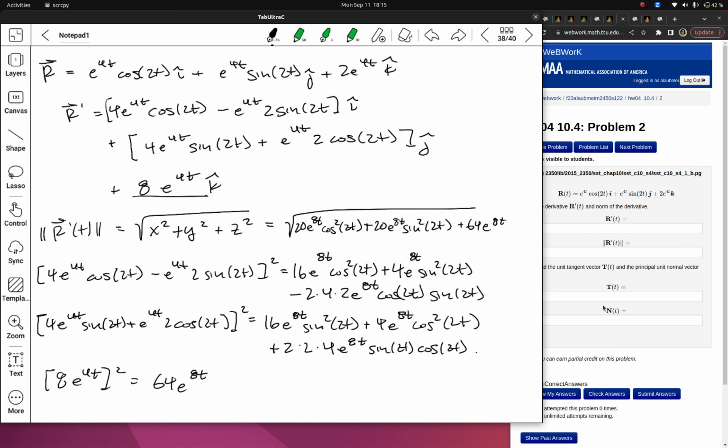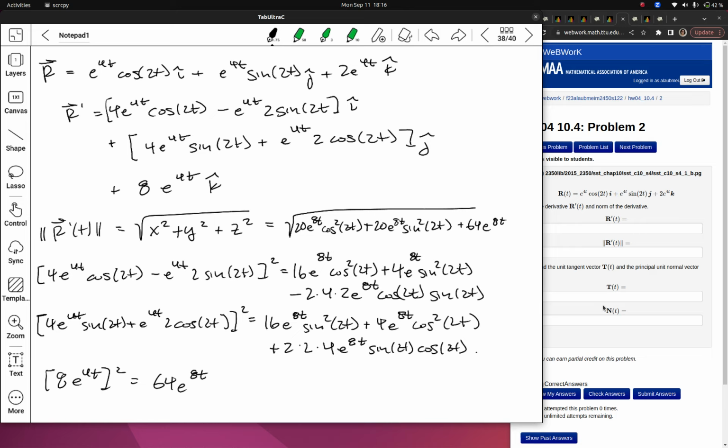And then the k hat component is easier to square. It's just 8 squared is 64, and e to the 4t squared is e to the 8t. So then you can combine those all, plugging them in here, and things simplify quite a bit. So there's this common e to the 8t cosine squared term. So that becomes 20 e to the 8t cosine squared when I add them together.